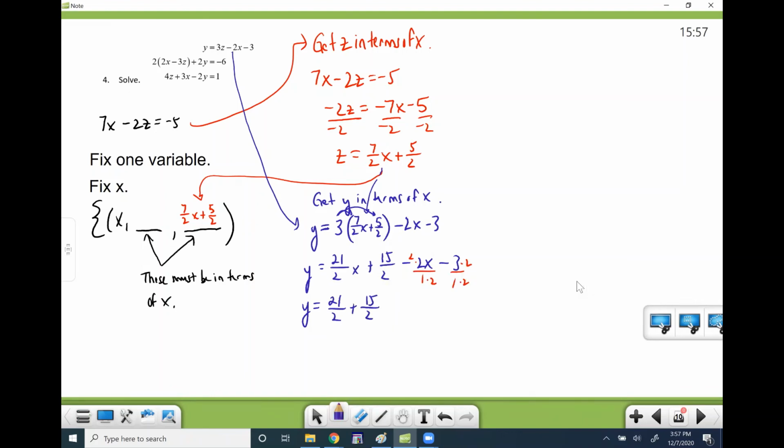Okay, so 2 times 2, this is going to be 4x over 2, and this is going to be 6 over 2. Now I can combine, sorry, I dropped the x here. I can combine these two. 21 minus 4 is 17. And I can combine these two. 15 minus 6 is 9. And that's what y equals. So we're going to put that right here.